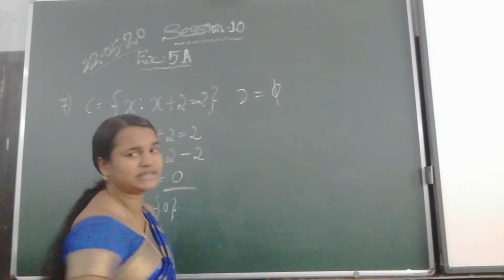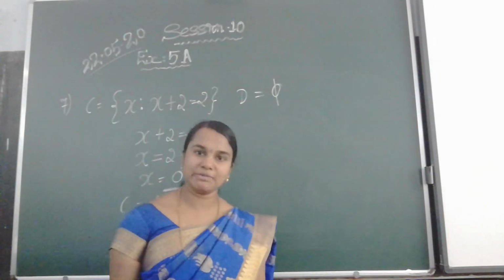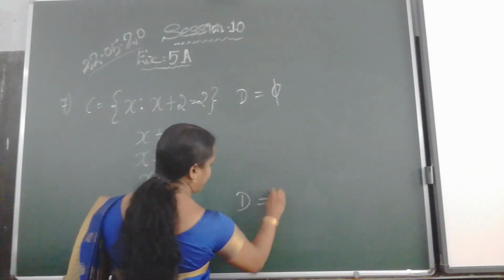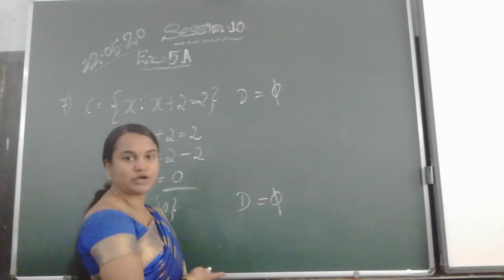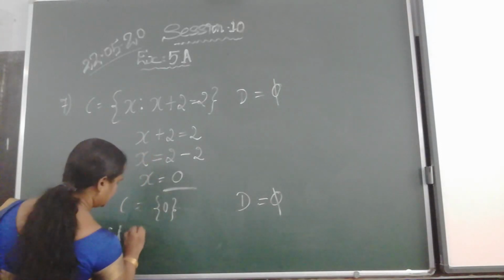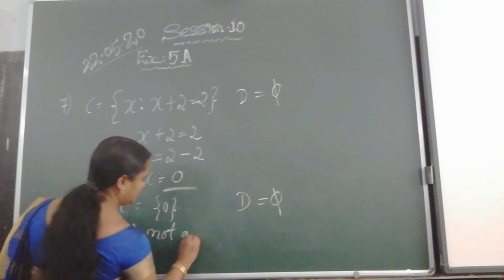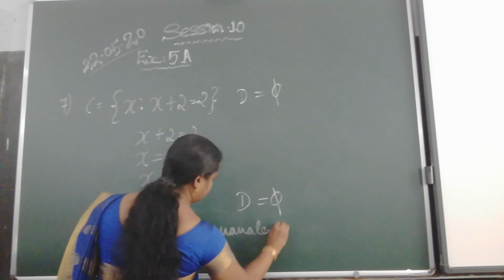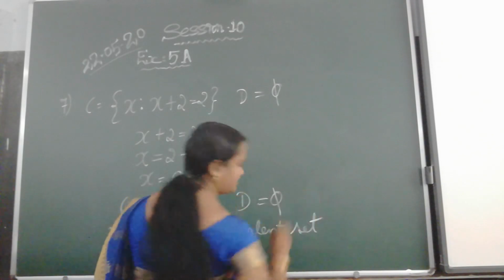And D they told is a null set, empty. No elements are there. So it is not an equivalent set. Clear?